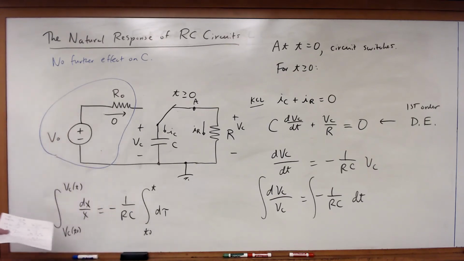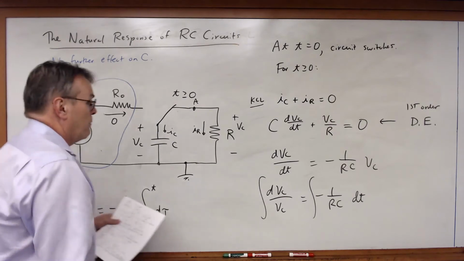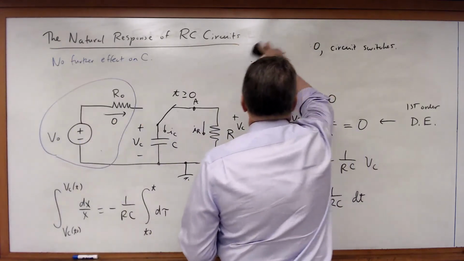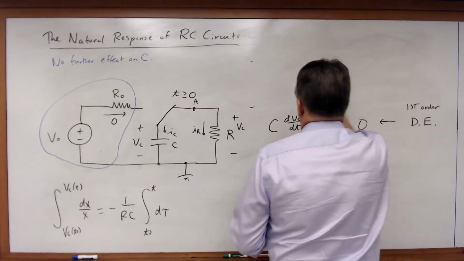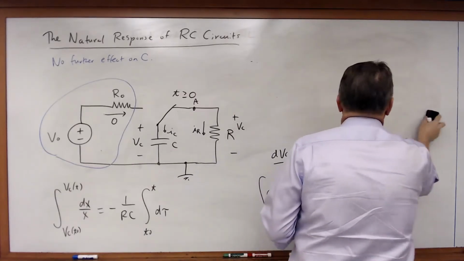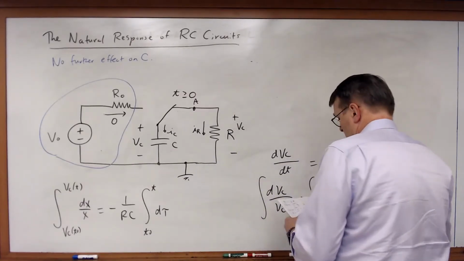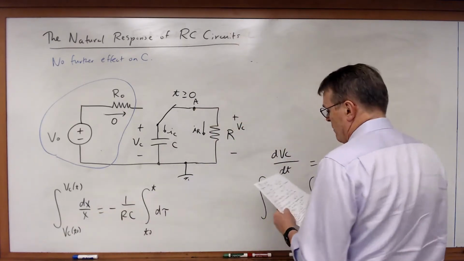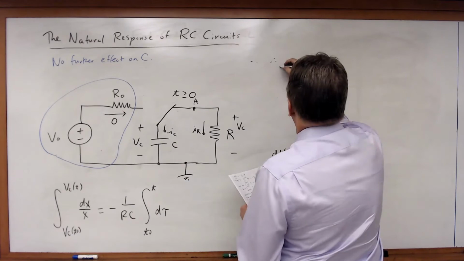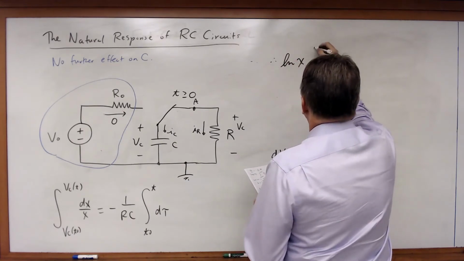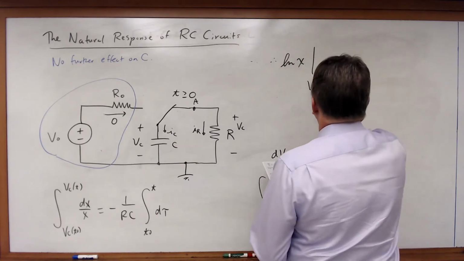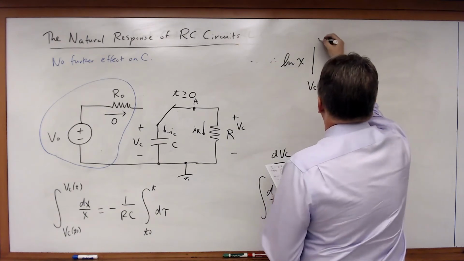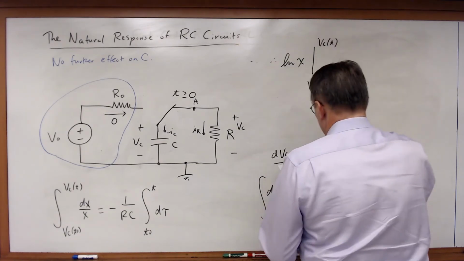And so from here, I can now go and evaluate these integrals. And what I'll get is the following. In this case, dx over x, when integrated, becomes the natural log of x. And we're going to evaluate that from Vc(t0) to Vc(t).